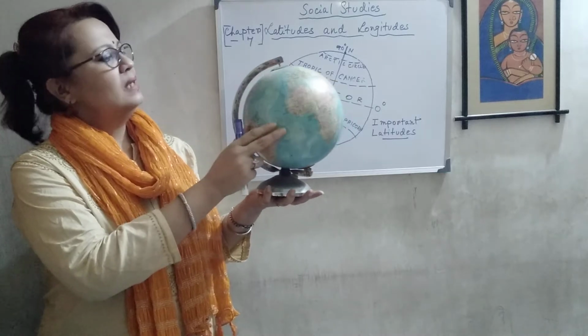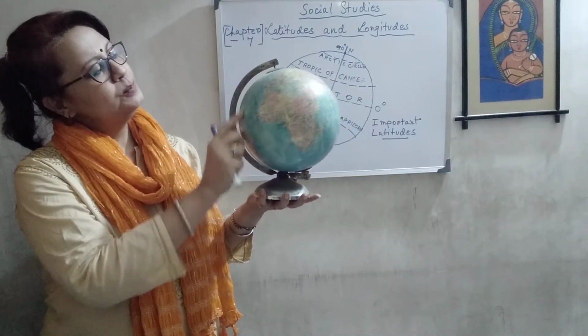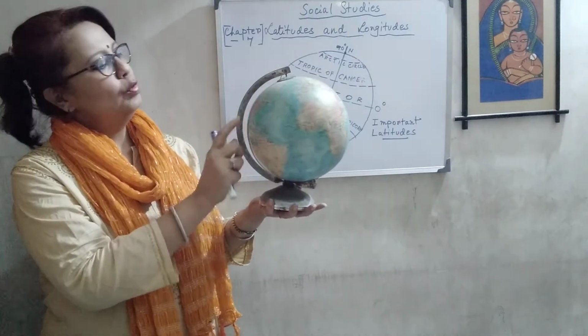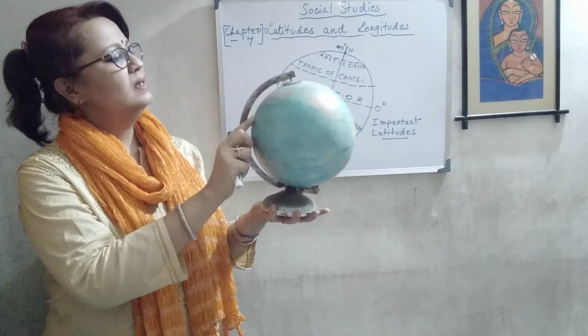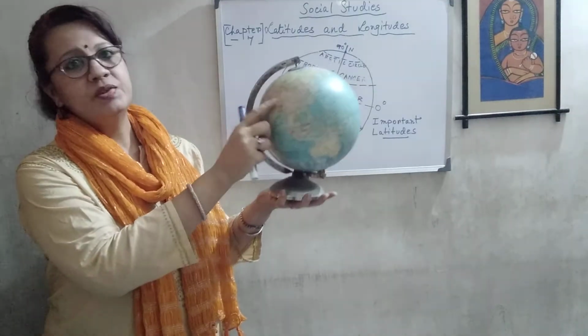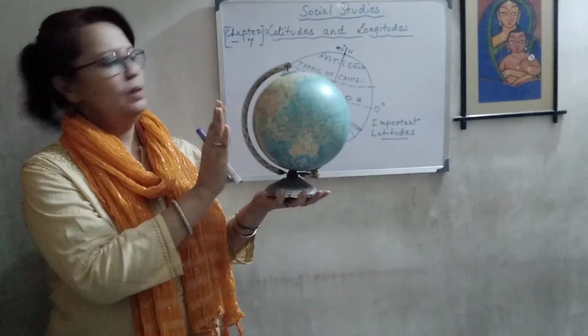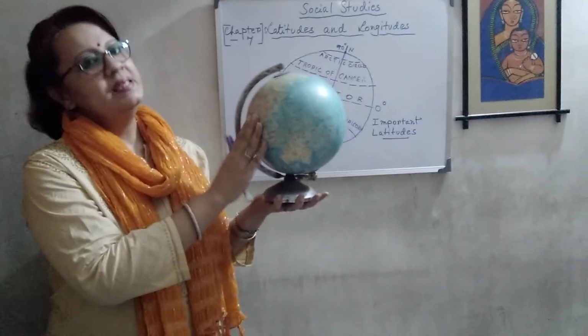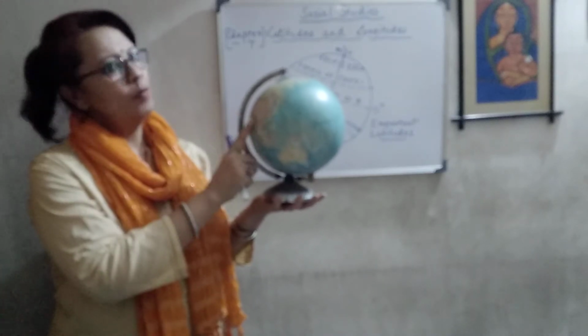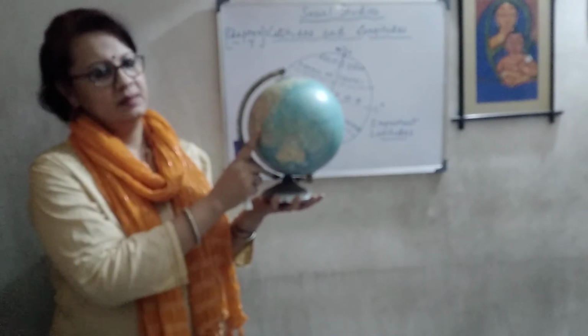Here we can see the blue color, there are oceans, and these are the continents and the countries, all that you can see here at a glance. So a globe is a miniature form of our earth.